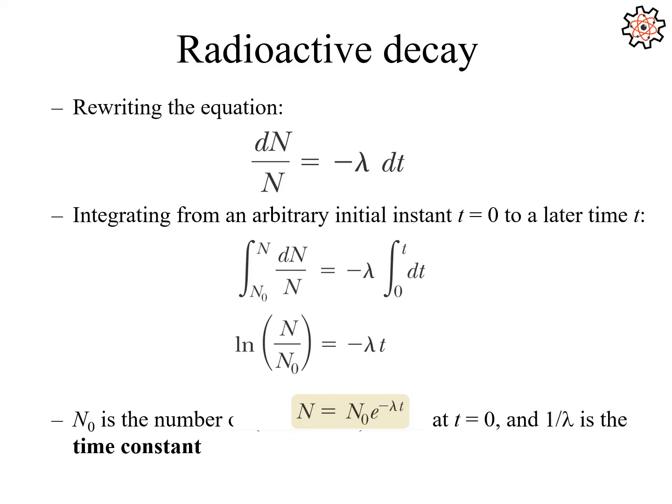If you're a bit rusty on integrating logs, the integration of 1 over x dx, you might want to remind yourself of that separately. Okay, so rearranging that logarithmic equation, we take the exponential of both sides, if you like. Then we have N equals N0 e to minus lambda t.